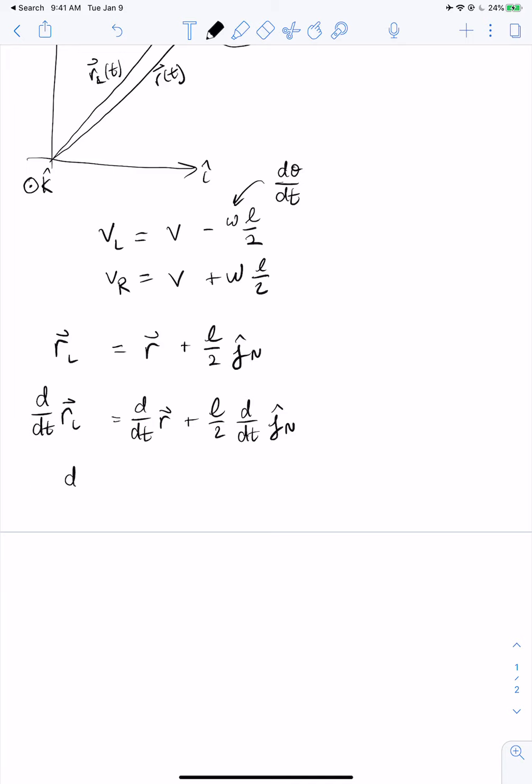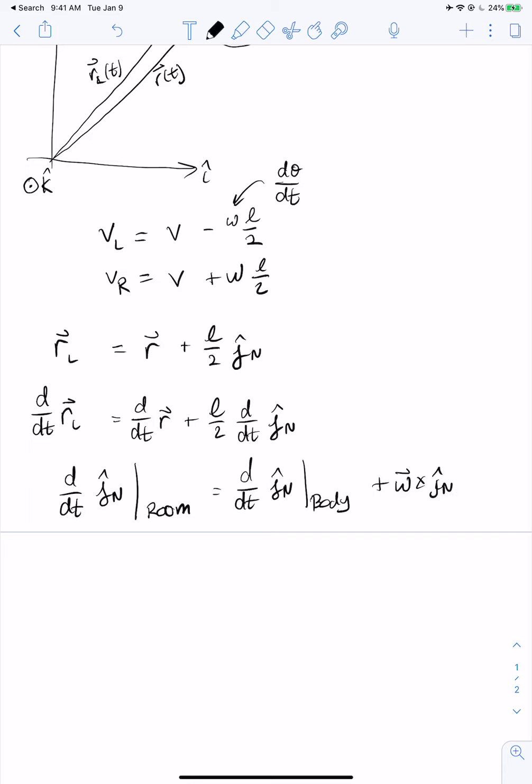And so what it says is that the derivative, in this case we'll use the specific example of j hat n, with respect to the room is decomposed into two parts. It's the derivative of j hat n with respect to the body coordinate system or the Nito coordinate system plus omega cross j hat n.